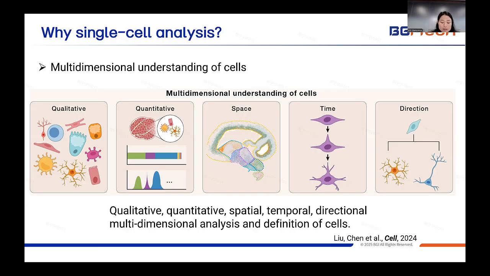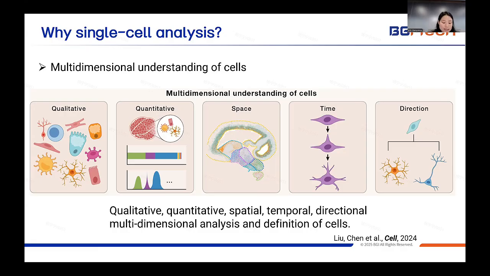The spatial level means the spatial arrangement of each cell type and their interactions within the cellular ecosystem. The temporal level means the specific timing of changes in cell types and states. And last, the direction level means the potential transformational paths each cell type may undergo.